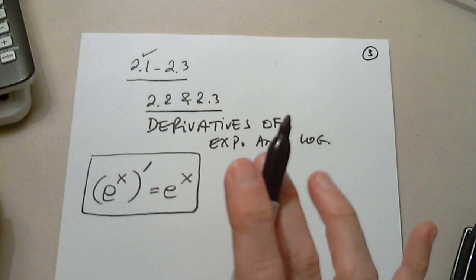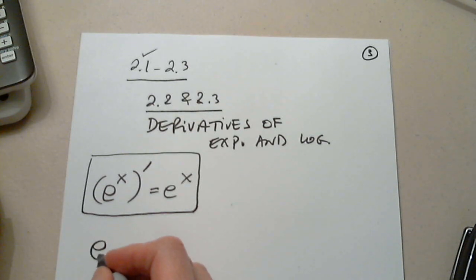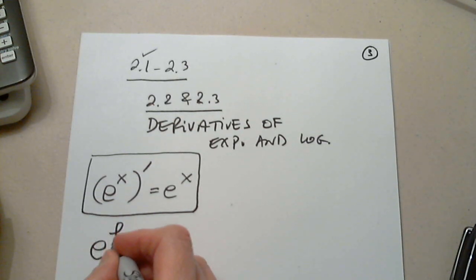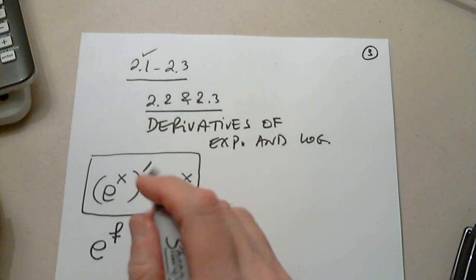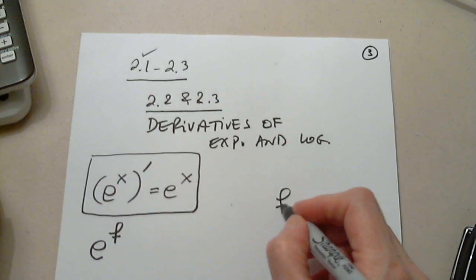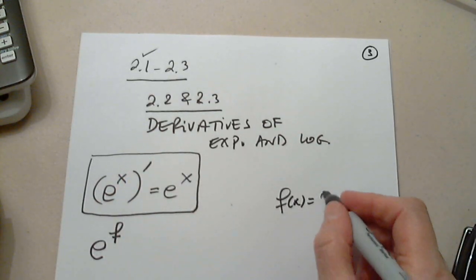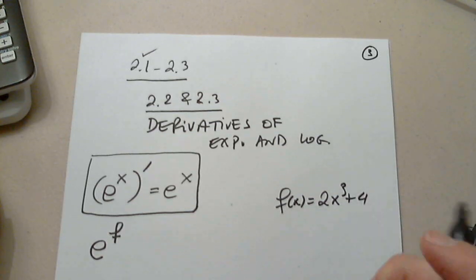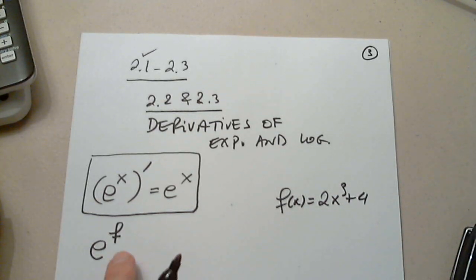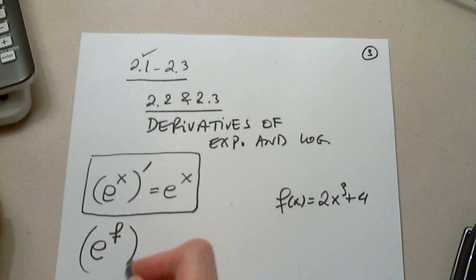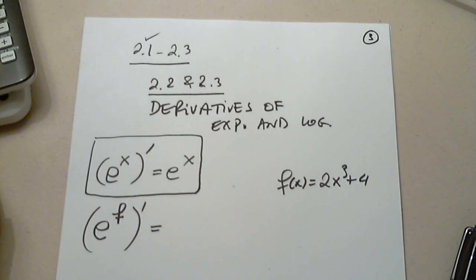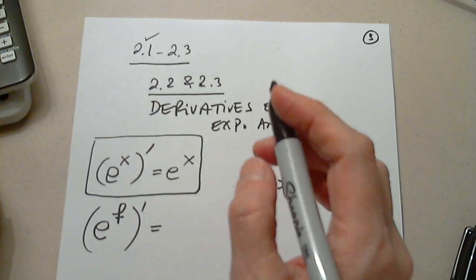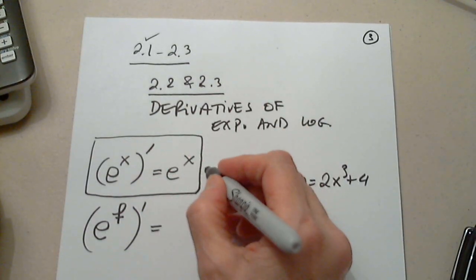But now, if I want to differentiate e to a function, where the function is not plain x, like for example 2x cubed plus 4, it's not plain x. Can anyone give it a shot? What do you think? And just remember, the correct answer here should be this.